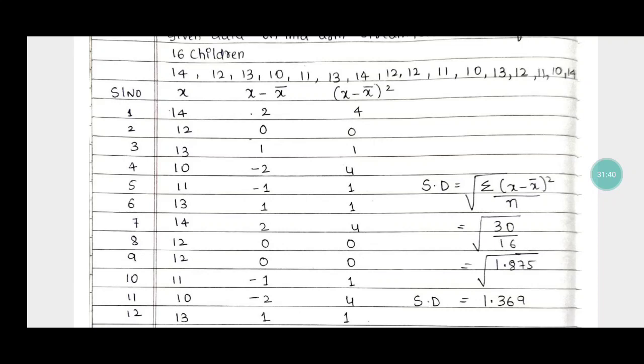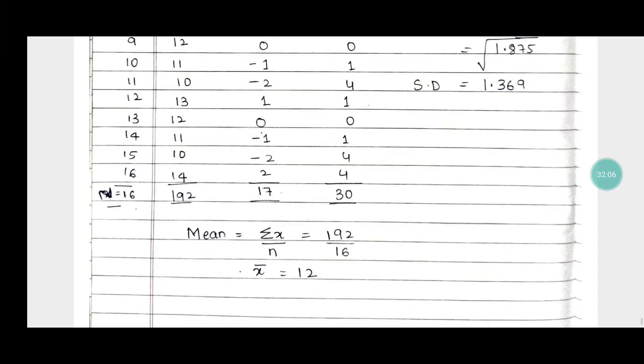That is 12. 14 minus 12 is 2, and 12 minus 12 is 0, 13 minus 12 is 1. This is how we're going to continue. And x minus x bar whole square: 2 into 2 is 4, 0 into 0 is 0, 1 into 1 is 1, 2 into 2 is 4. Finally, by adding the x minus x bar whole square we will get the answer, that is 13.